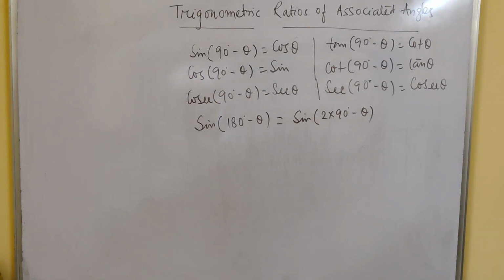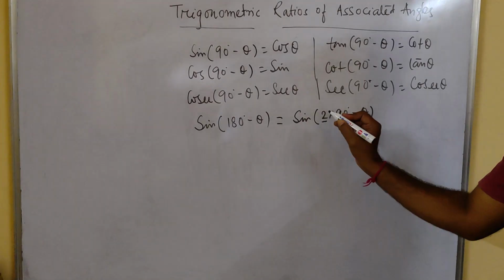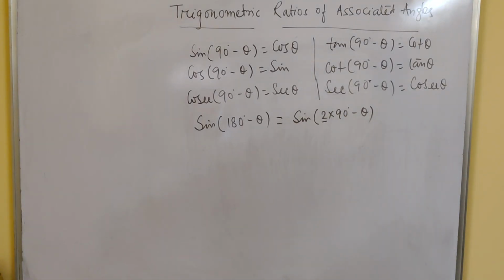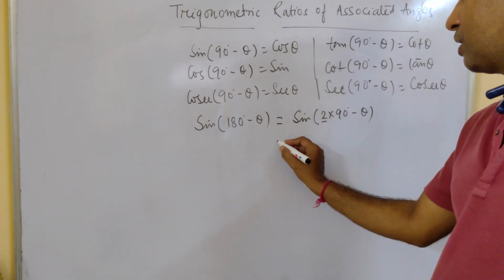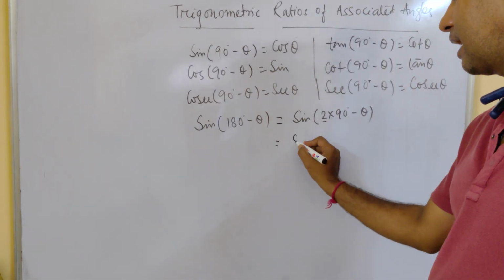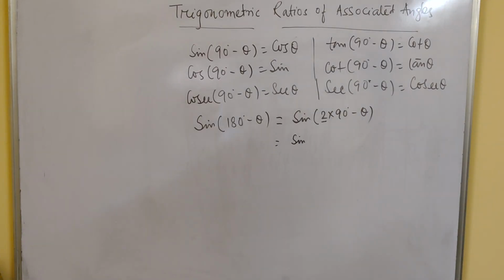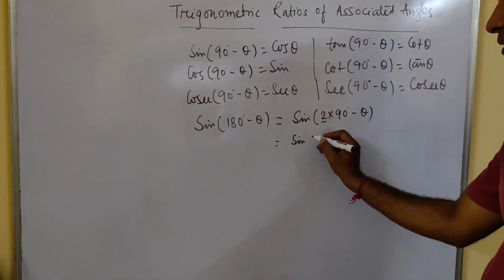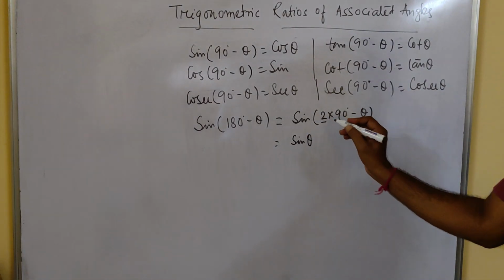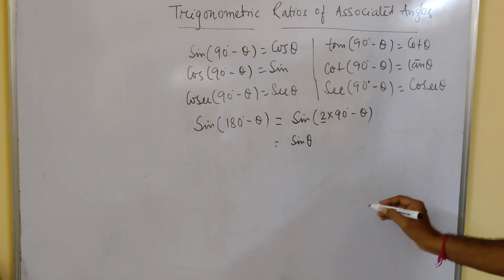Now here the multiplier is 2, that is an even number. So if it is an even number, then sine becomes sine. That means the ratio remains unchanged. So sine theta. Now we have to check the sign of this.